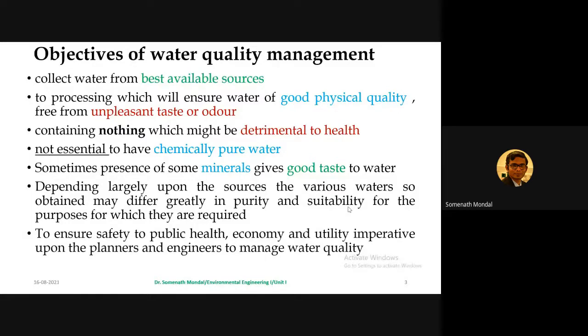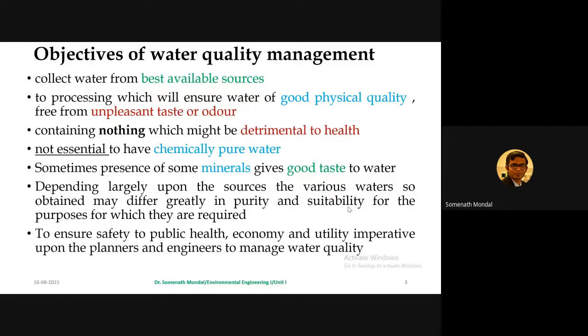This is very obvious: what the different sources are, and in what way you are going to use that water. From that point of view, you can assess how pure the water needs to be for that purpose, and then what the suitability would be. At the same time, the quantity of water you need also needs to be checked before choosing a particular source.